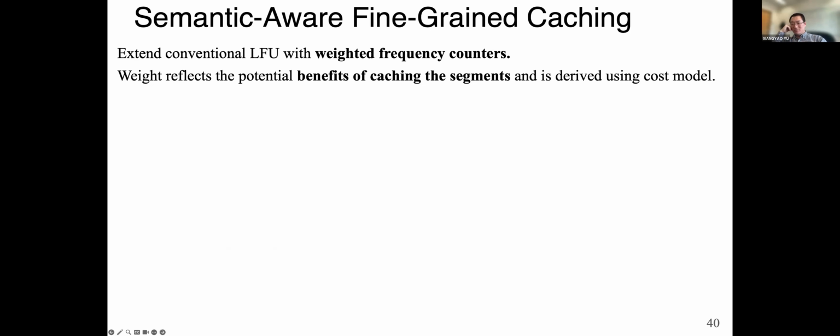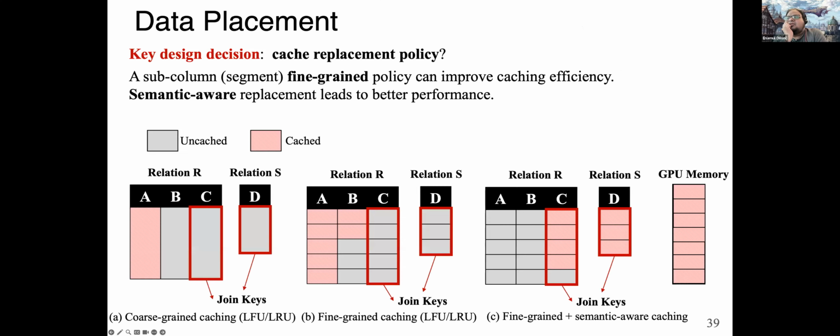Is there a question? You're muted, by the way. In the previous picture, on the right-hand side, you showed two shades of color in the GPU memory. Is there any significance to that? GPU memory is one color, though. One dark shade of red and one light shade of red.